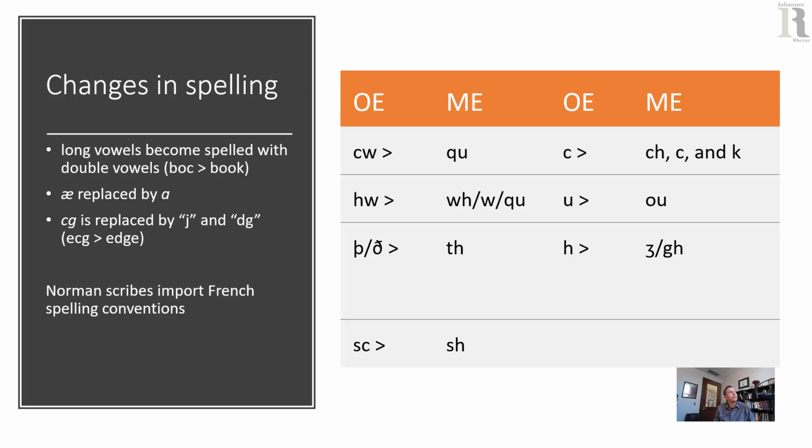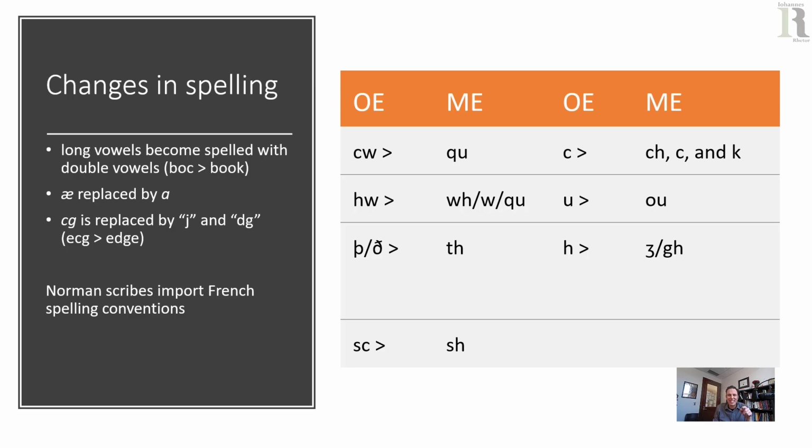Enough. So all of these changes in spelling happen because a lot of the people responsible for writing texts in English during the Middle English period are also writing texts in French and in Latin. And these Norman scribes already have a well-developed set of conventions for how they will write French, and these are carried over into English because they want to avoid ambiguity and confusion.